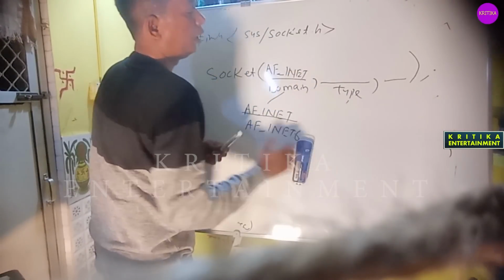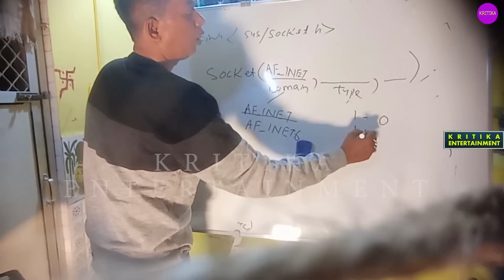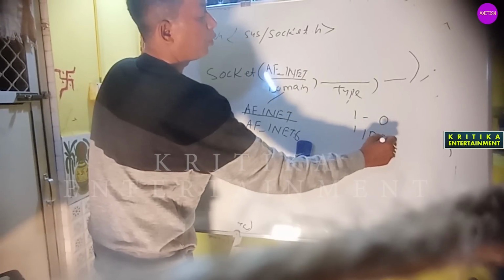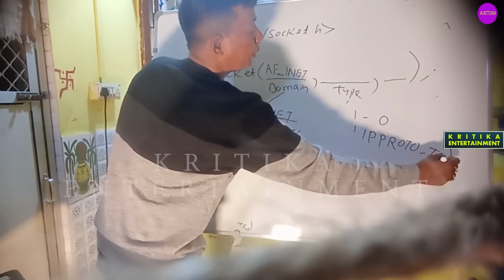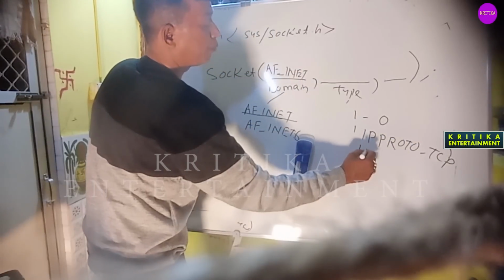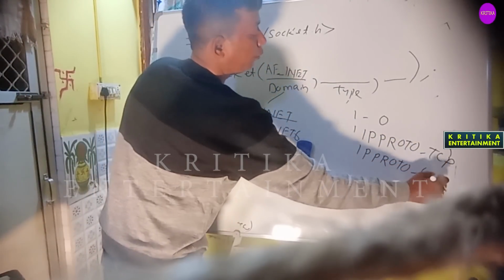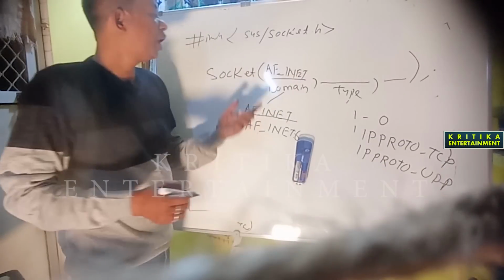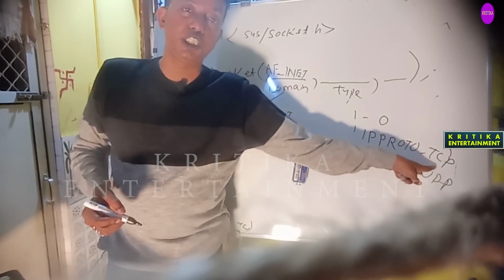Suppose you can either mention 0, IP proto underscore TCP, or IP proto underscore UDP. If you are doing the TCP program, then write IP proto underscore TCP.